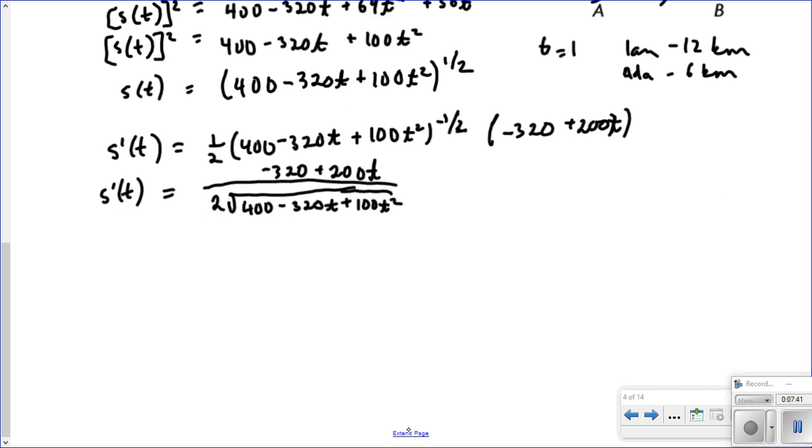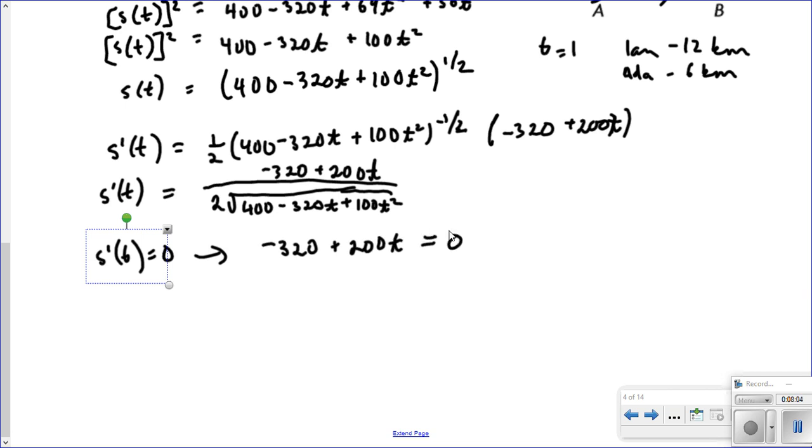Now, since I have to minimize this, that means I have to take the derivative. I've done the derivative, and I have to set the derivative equal to 0. Well, conveniently, this looks like a challenging function, but since it's rational, that means that only the numerator equals 0. Remember this concept? I hope you remember it, that when I have a fraction and it equals 0, it's the numerator, the top of the fraction, that equals 0.